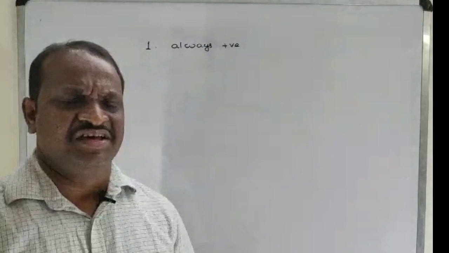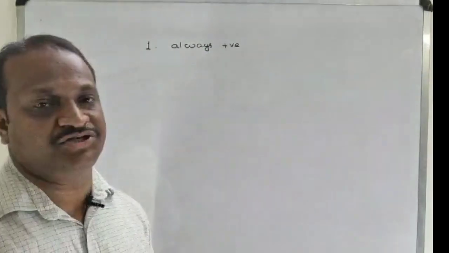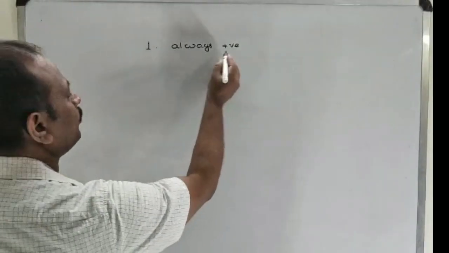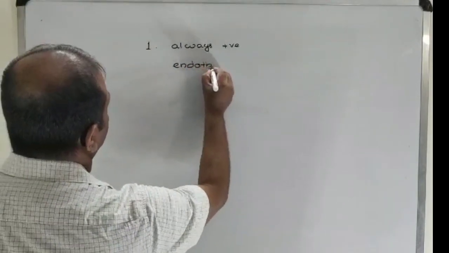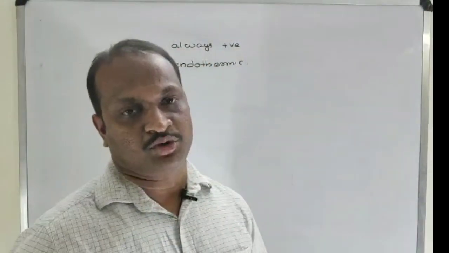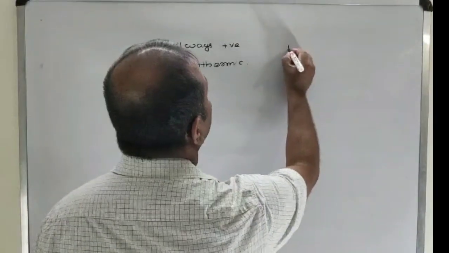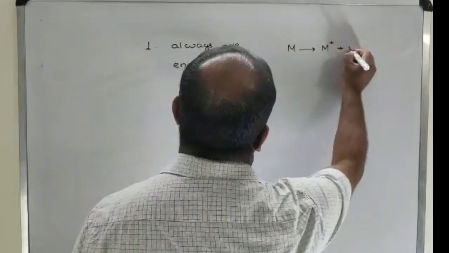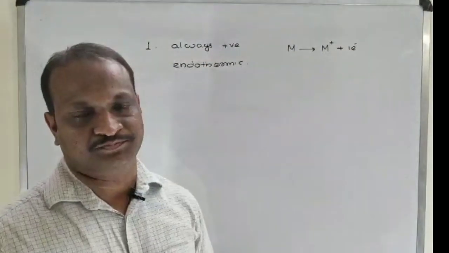What does it mean? Is it exothermic or endothermic? Positive means we need to spend energy, so it's an endothermic process. Please see to that. They may give an option like M gives M plus and one electron, and ask whether this process is exothermic or endothermic.